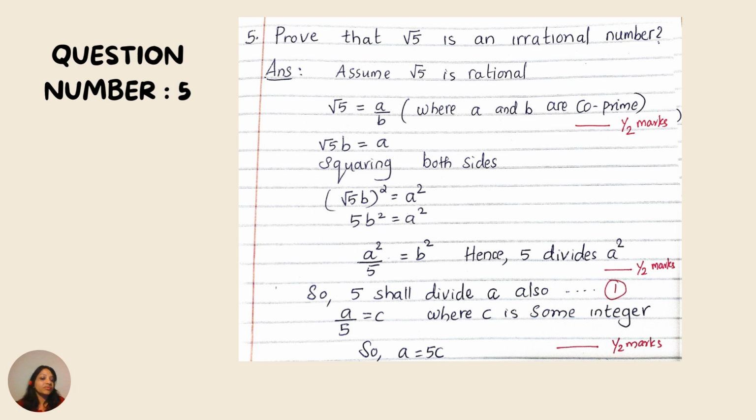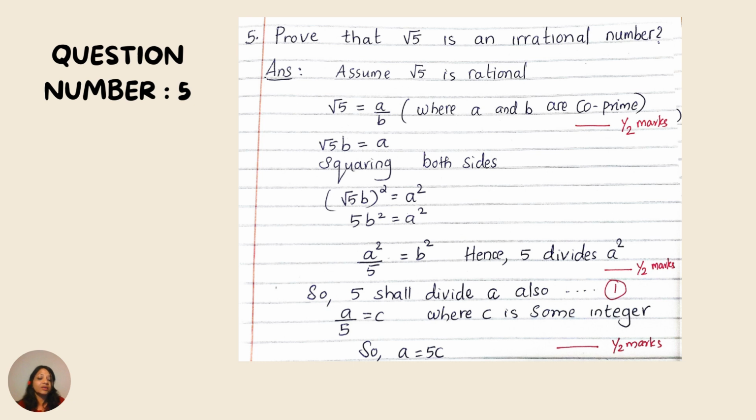Then root 5 b equals a. Then squaring both sides, you will get root 5b whole square equals a square. What is root 5 square? It is going to be 5b square equals a square, so a square by 5 equals b square. So hence 5 divides a square.